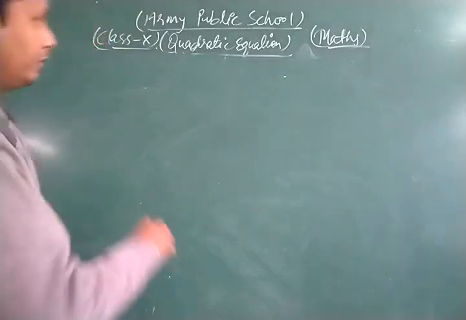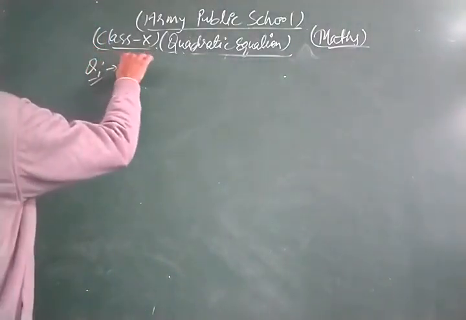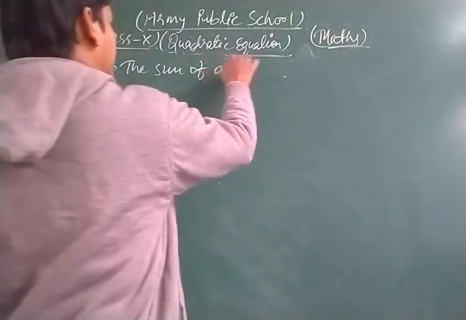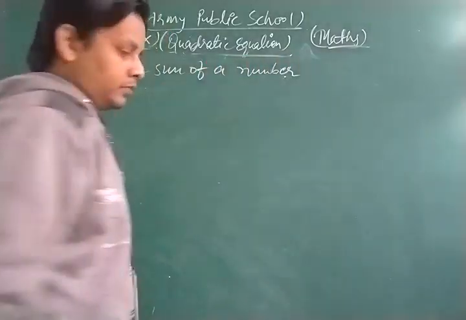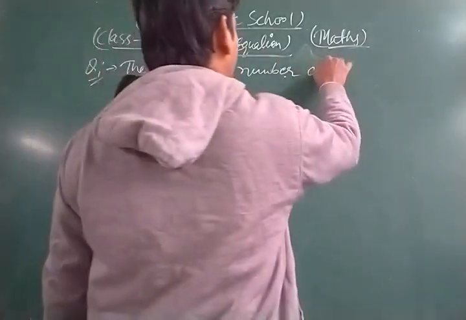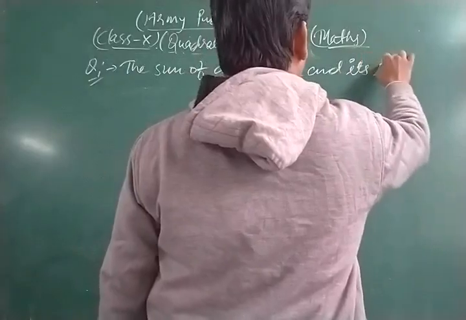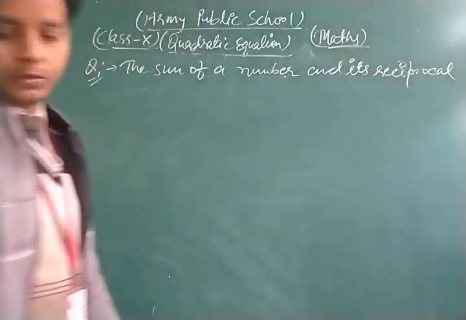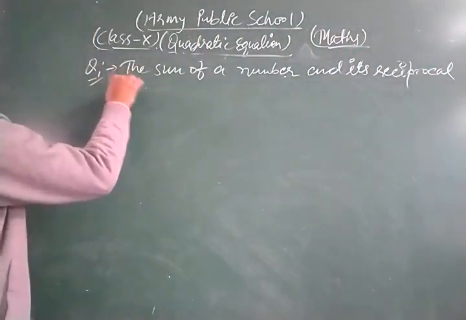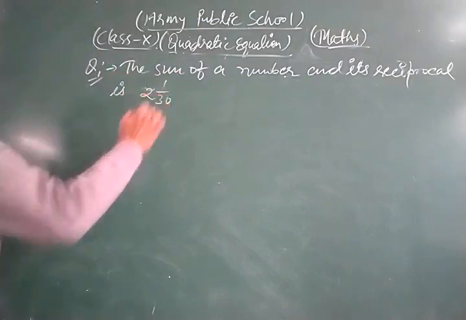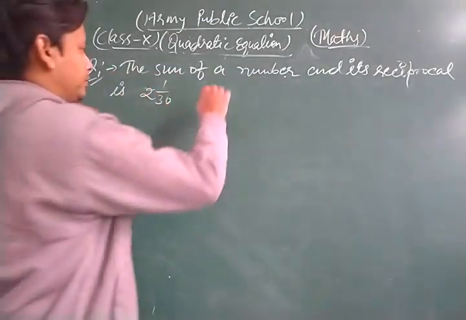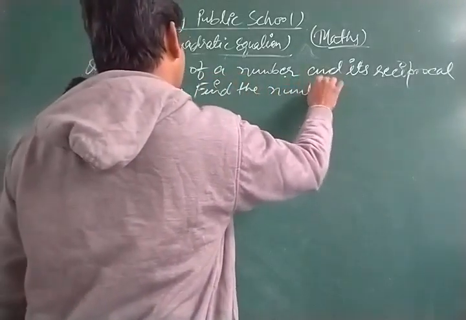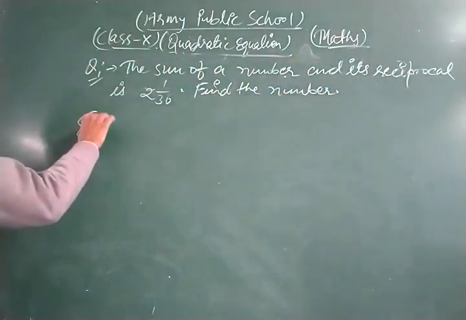Okay, now the sum of a number and its reciprocal is 2 1 upon 30. Find the number. Now let's see its solution.